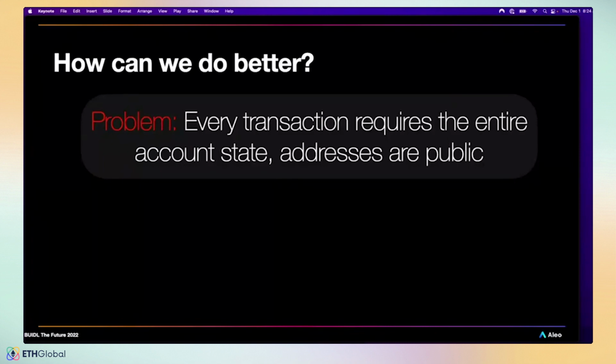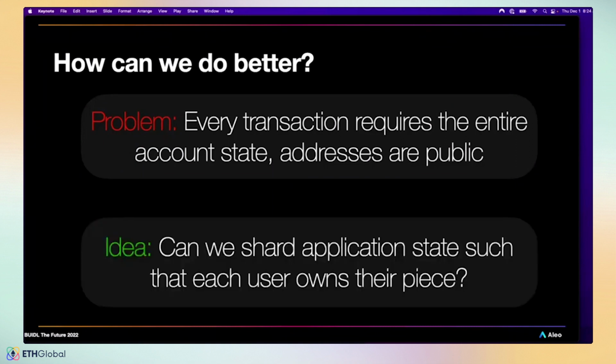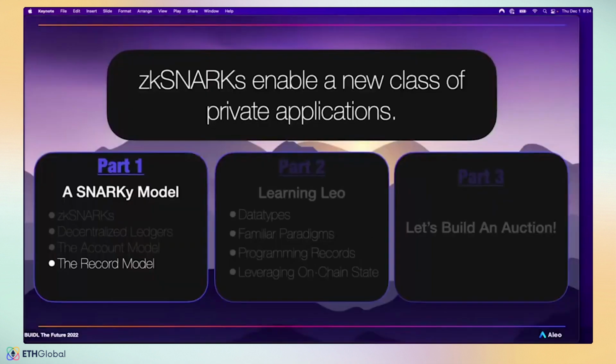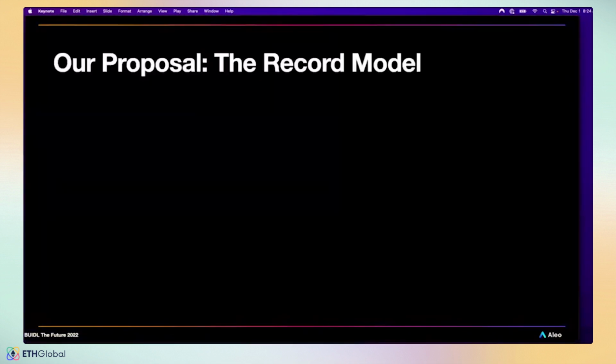So that's inefficient. There's no concurrency there. And the other problem is that addresses are public. So the idea that we've come up with is, can we shard application state such that each user owns their own piece? And really, if you build upon this idea, you arrive at the record model.